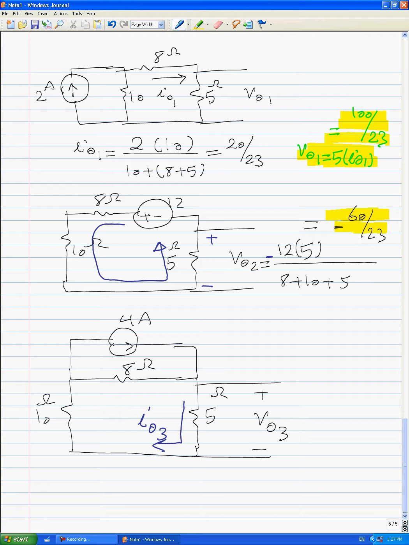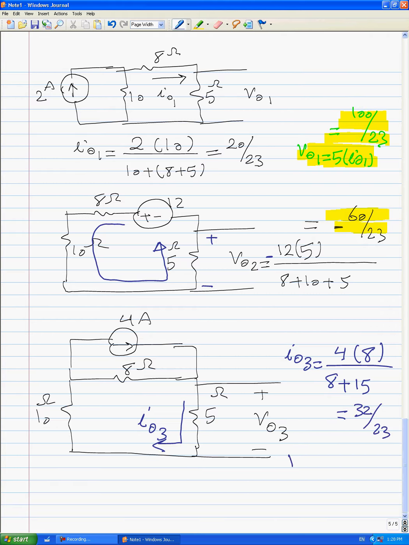How can we find this current? We can use the current divider rule. The current divider rule says I O3 is equal to the total current 4 divided by 8 plus 10 plus 5, which is 15 hm, 23, times 8, which should be 32 over 23.